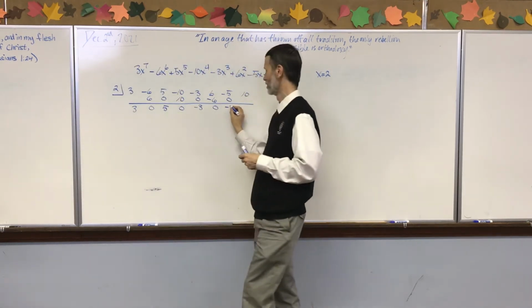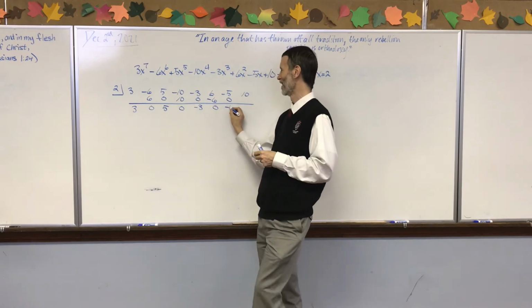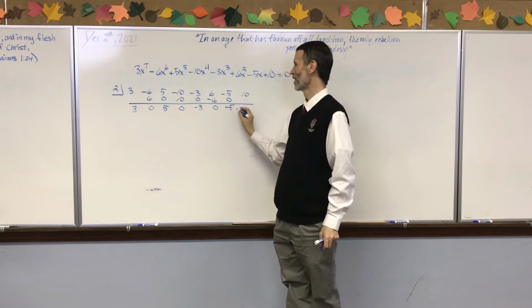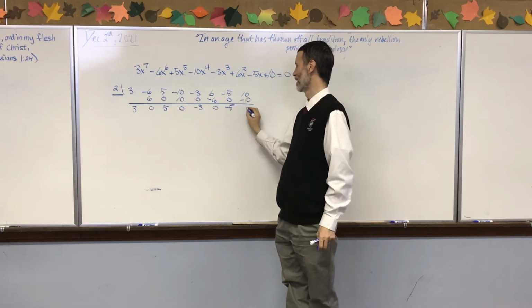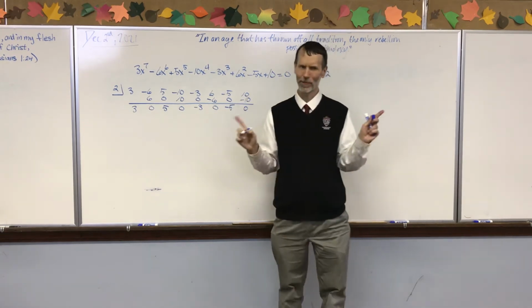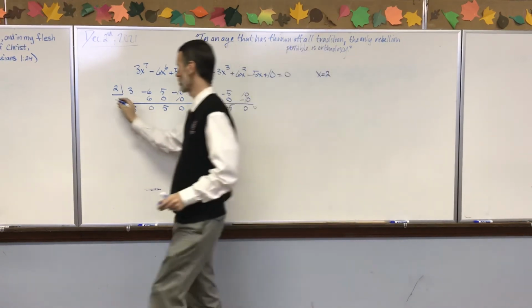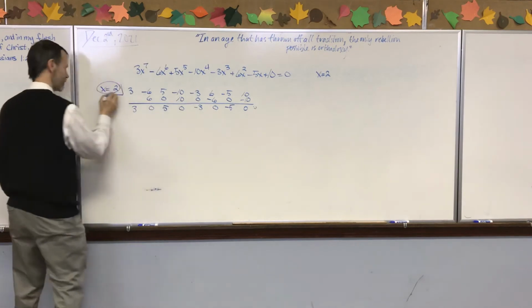Oh, add. Negative 5, and then negative 10, negative 10, and then 0. Is everybody right so far? This is successful, so we know that x equals 2 is a root, although they promised us anyway.